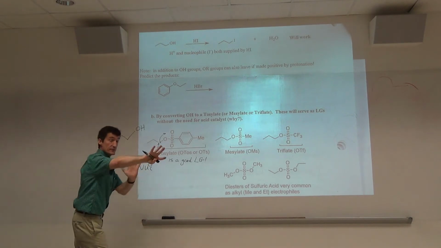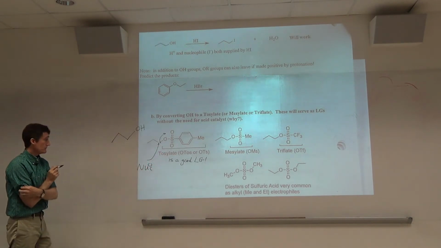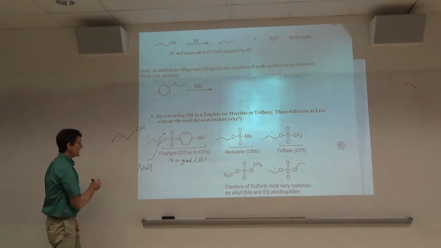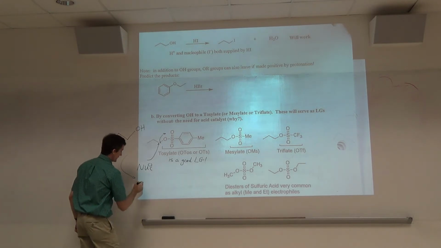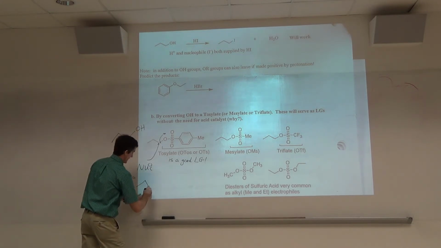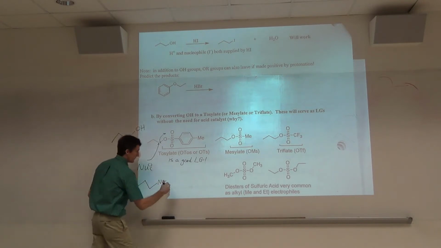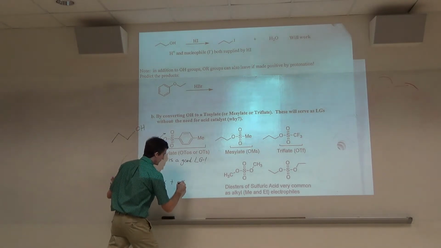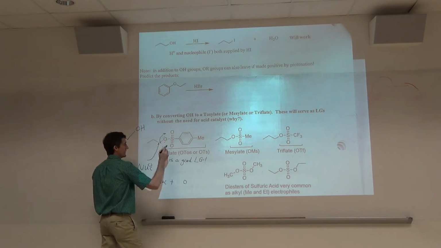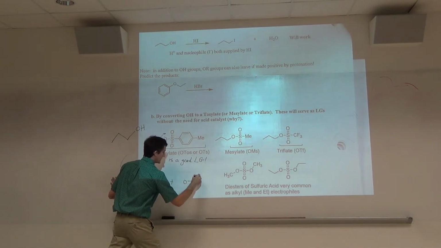Now that's a big leaving group, there's a lot to it. But when it gets kicked off, what do you end up with? You end up with your nucleophile bonded to your tetrahedral carbon, plus your leaving group. Your leaving group was what? Oxygen, SO2.